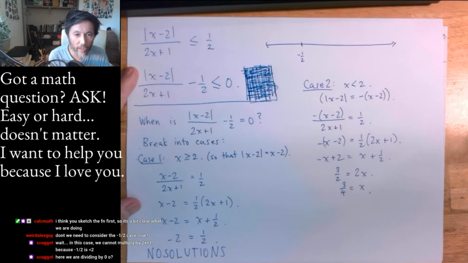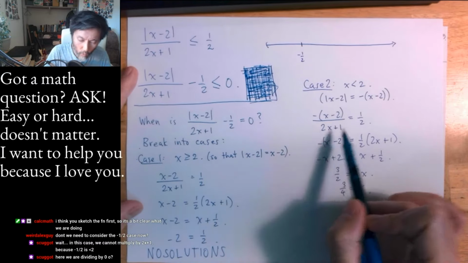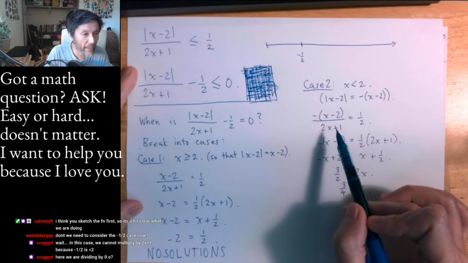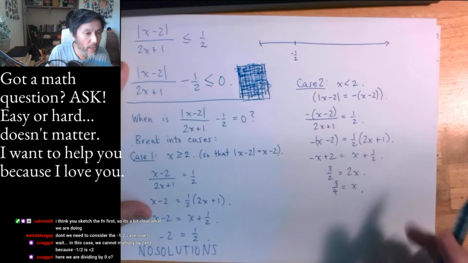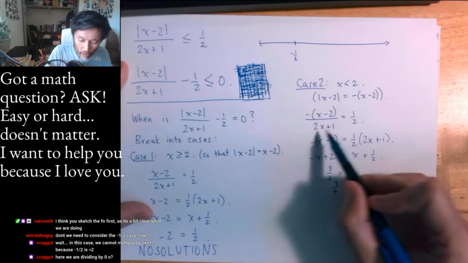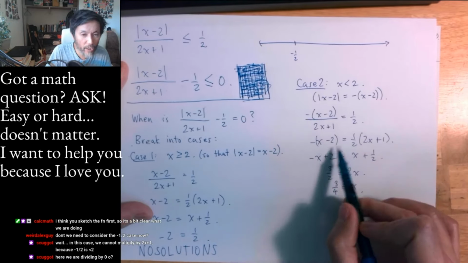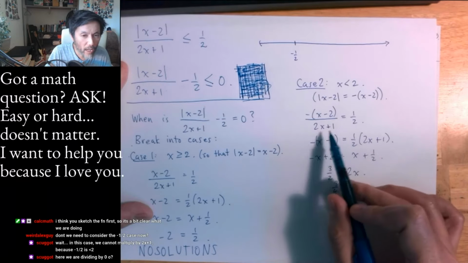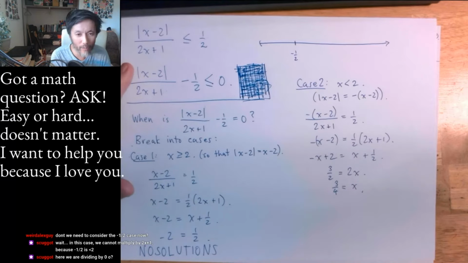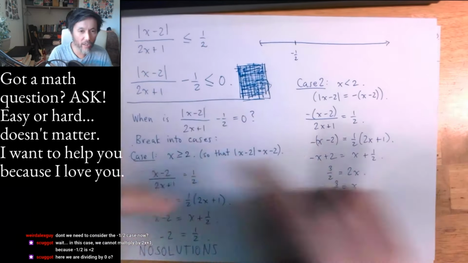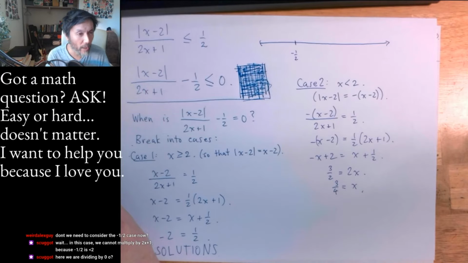Oh, good. So notice that there was a bit of a lie here. Because when I multiply both sides of this equation by 2x plus 1, if x was negative 1/2, then I would be multiplying both sides of this equation by 0, right? And so we destroy the information in this equation when we do that.